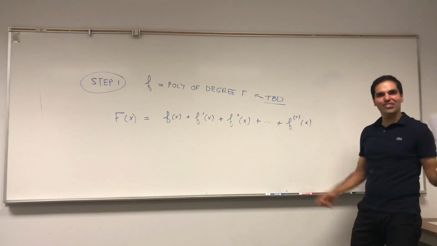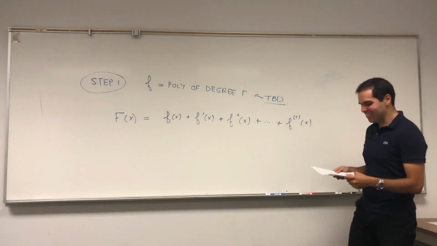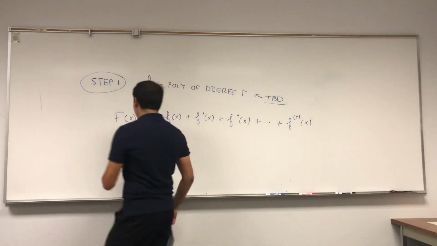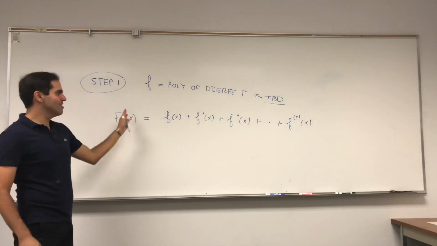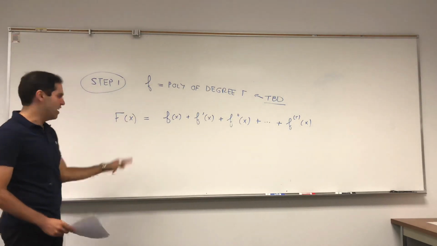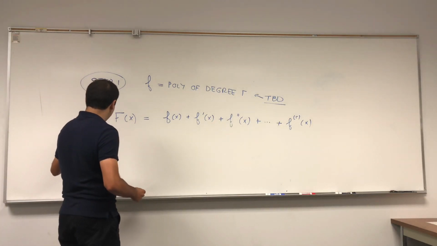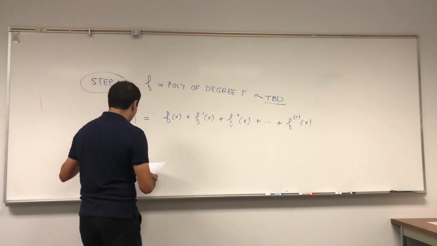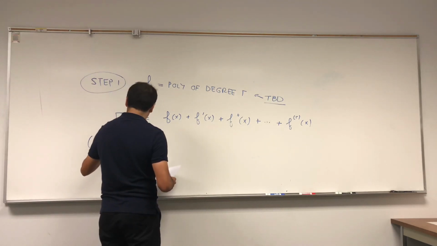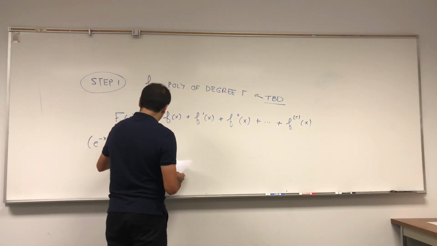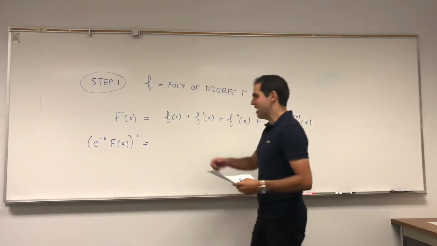So suppose you're just playing around with this. Let's see what we get. In particular, it turns out there's a nice property of this capital F. Namely, suppose you multiply this by the following integrating factor, e to the minus x. Let's see what we get.